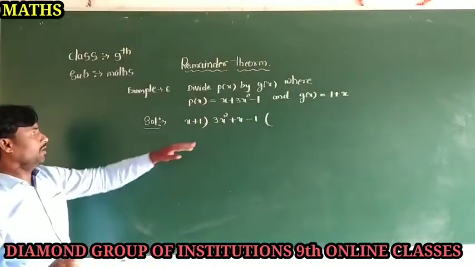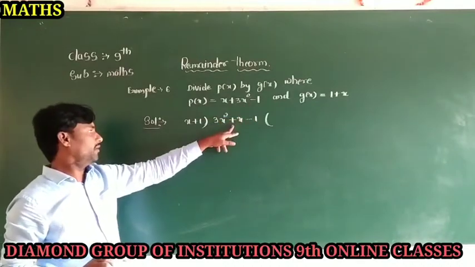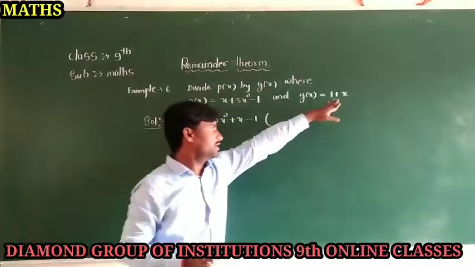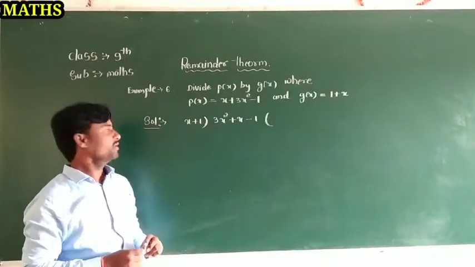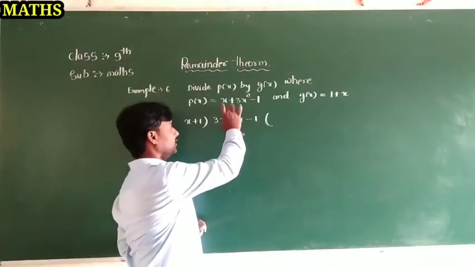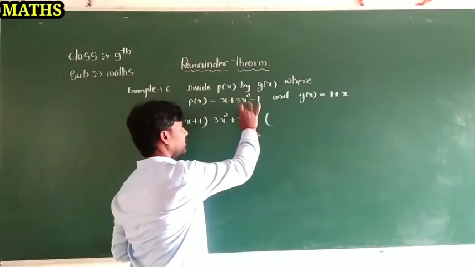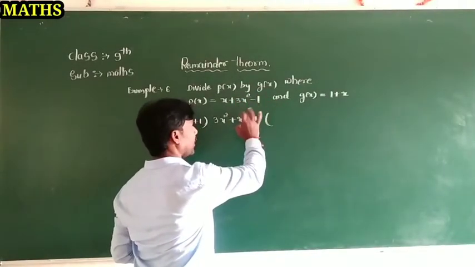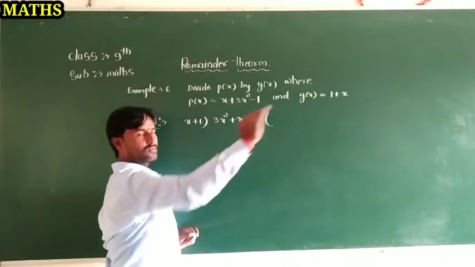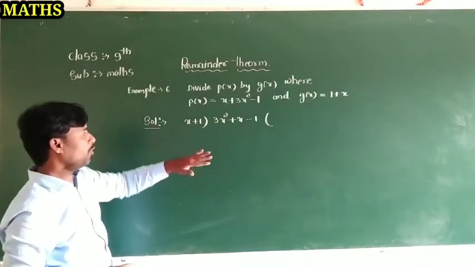Now I wrote this polynomial here in descending order. How do we consider descending order? We should consider the power. The highest degree is 2 here, then 1, then 0. 2, 1 and 0. This is the descending order, dear students.